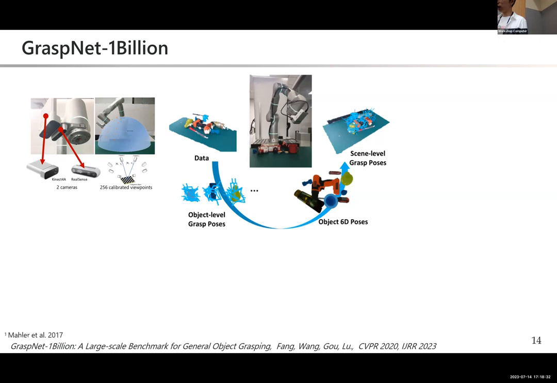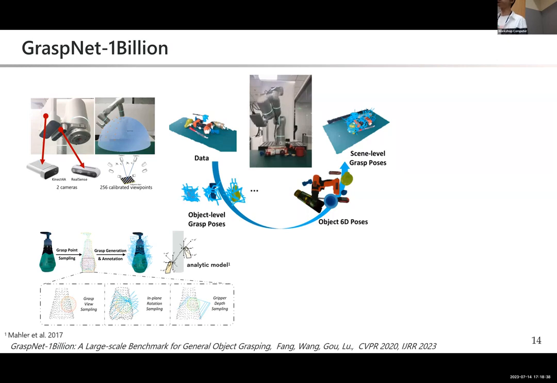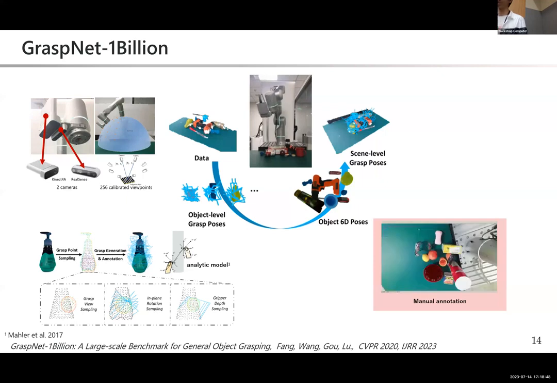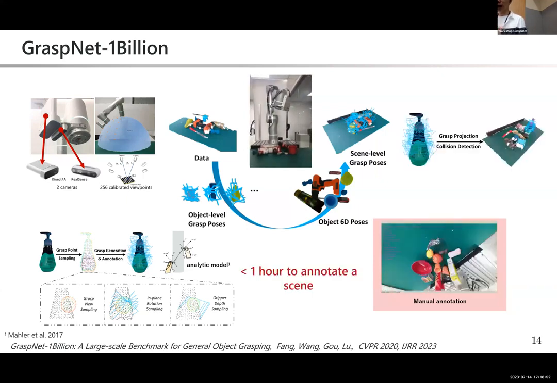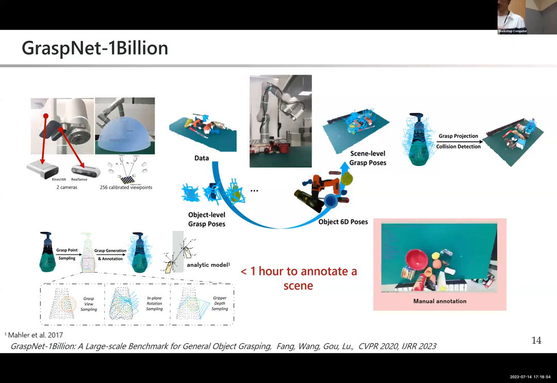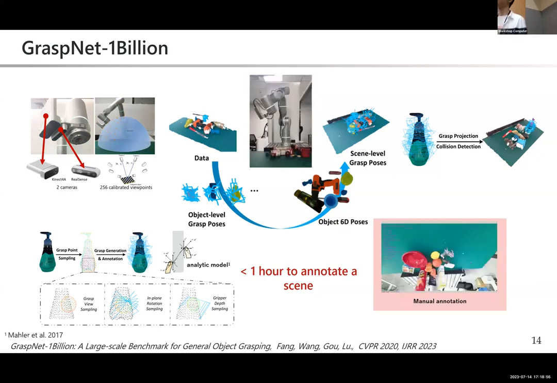At each viewpoint, the 2 cameras take images of the scene. Then for each object in the scene, we can densely annotate grasp poses with some analytic model. After that, we annotate the object-specific pose manually. And the last thing is that we project the grasp poses to the scene. It takes less than an hour to annotate a scene.